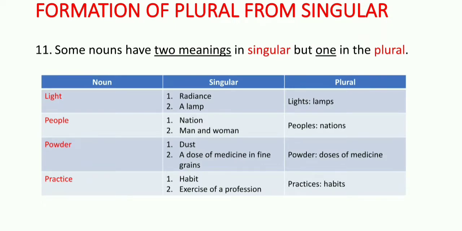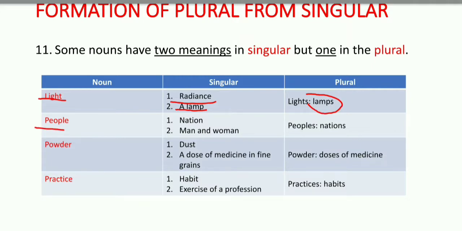Examples: we have here light. In singular, it has the meaning of radiance and lamp. But when we use it as plural, lights, it will only give the meaning of lamps.